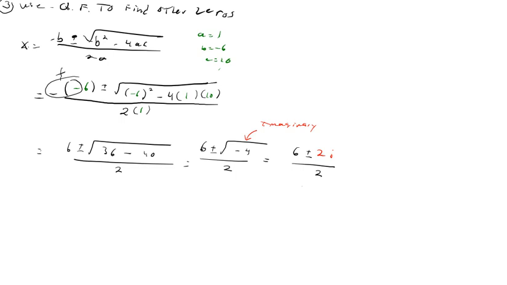So if I break this apart, I'm going to get 6 over 2 plus 2i over 2, and then 6 over 2 minus 2i over 2. Which means my answers are 3 plus i and 3 minus i.